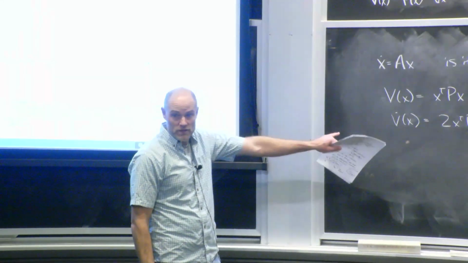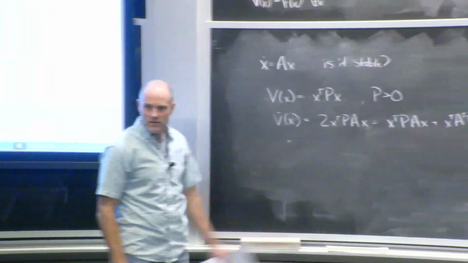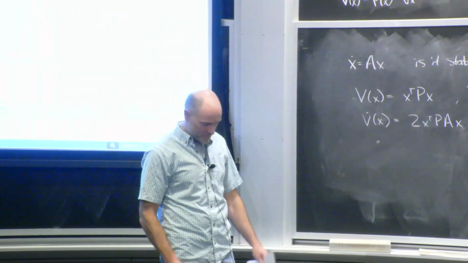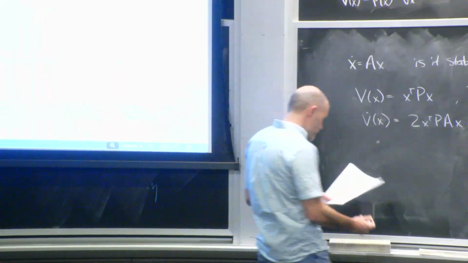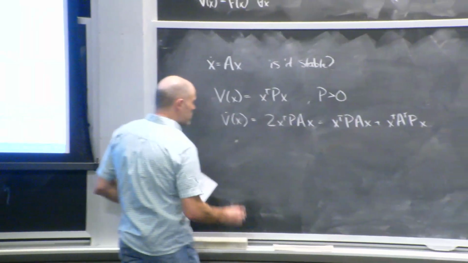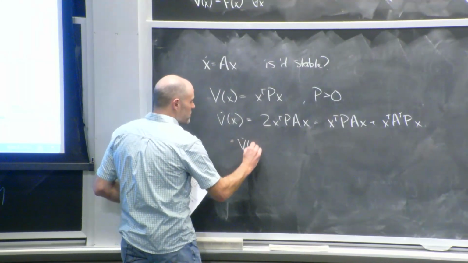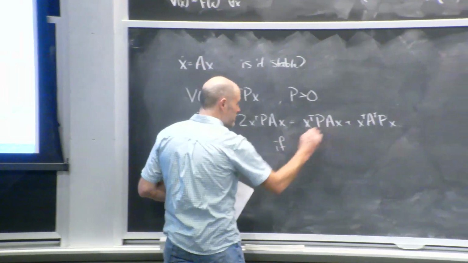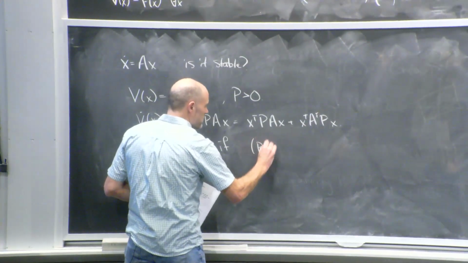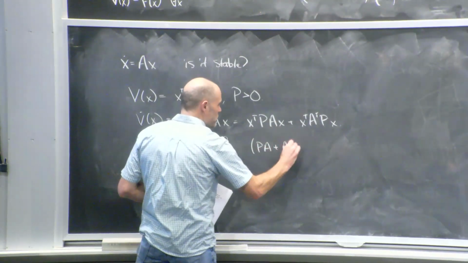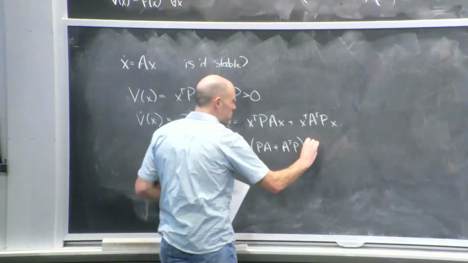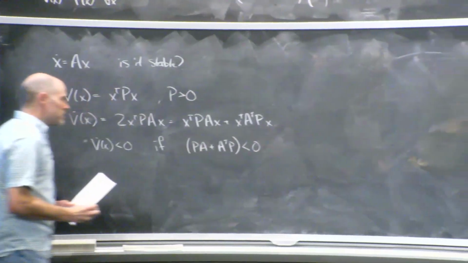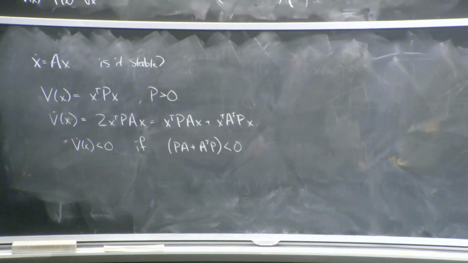Now that's symmetric. It's a scalar, so you didn't change anything. Okay, so V dot of x is less than 0 if the inside of this, PA plus A transpose P, is a negative definite matrix.